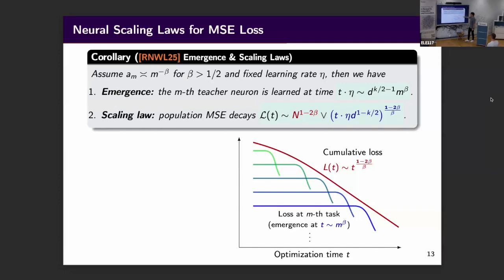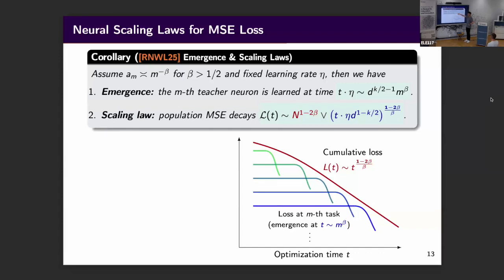Now the population MSE is going to be a sum over these curves. Each of them has an emergence time of this poly d factor times m to the beta. So now if you integrate this tail, you get a scaling law that looks like this. There are two parts. Remember, capital N is the width of the student model.